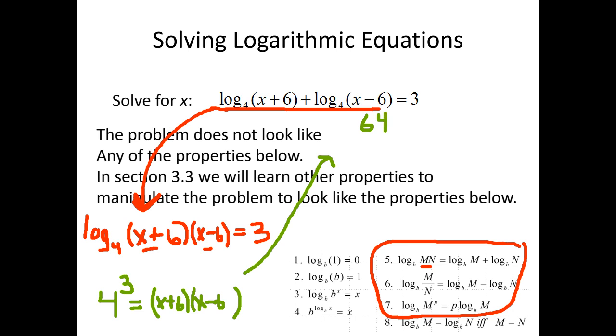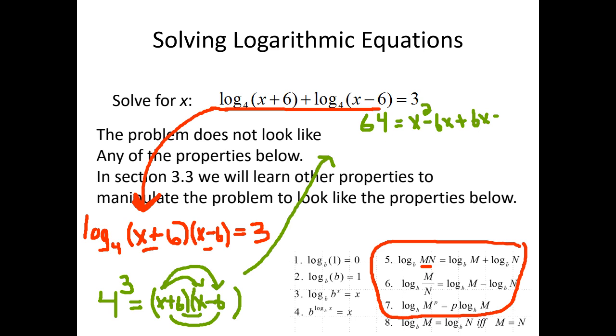And I guess we'll multiply this out because it's going to be quadratic. So x times x is x squared. And x times -6 is -6x. And 6 times x, positive 6x. And 6 times -6, -36.